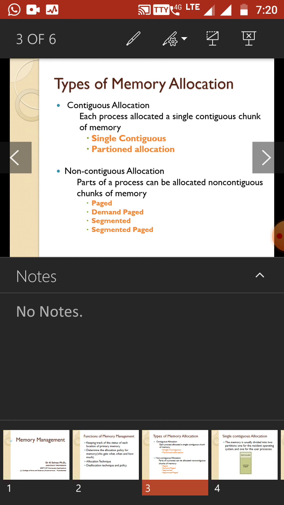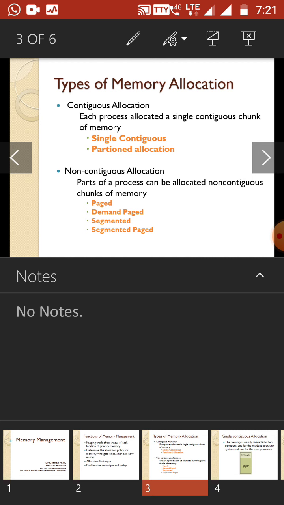In non-contiguous memory allocation, when the OS allocates memory space, the required amount of memory is available in different locations. For your understanding, for a program the OS is going to allocate 20 bytes of memory. These 20 bytes can be available in 4 different places.